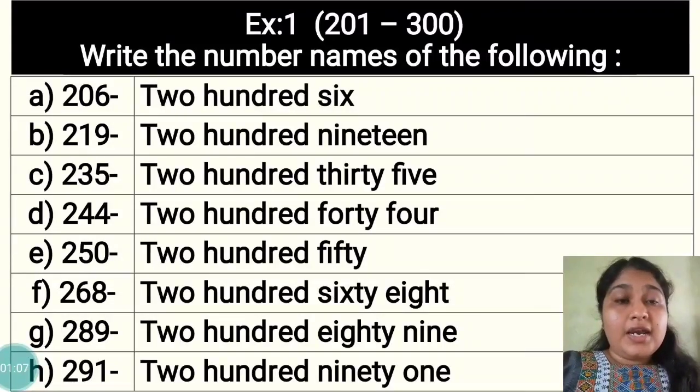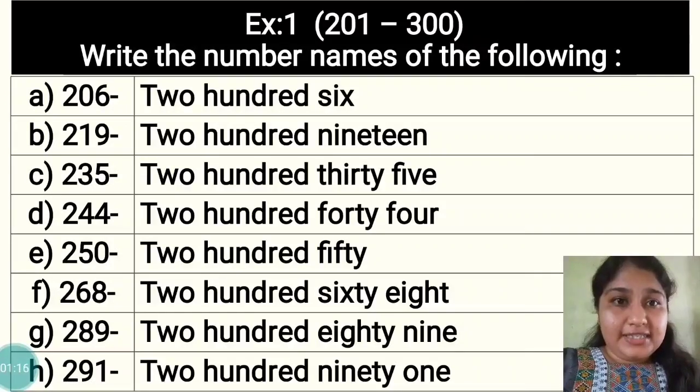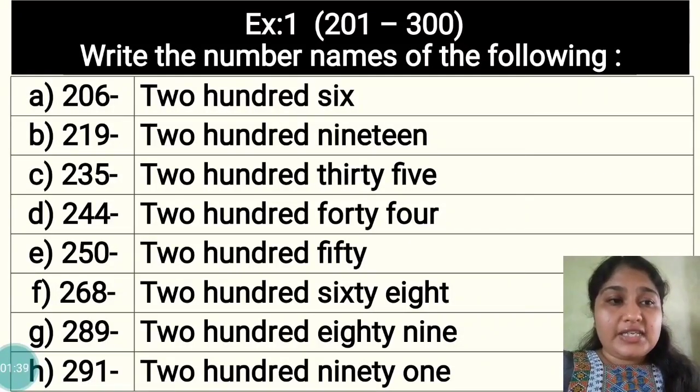So, students, write down 206, that is 206. 219, so it means 219. 235, so the number name of 235 is 235. 244. 250. 268. 289.